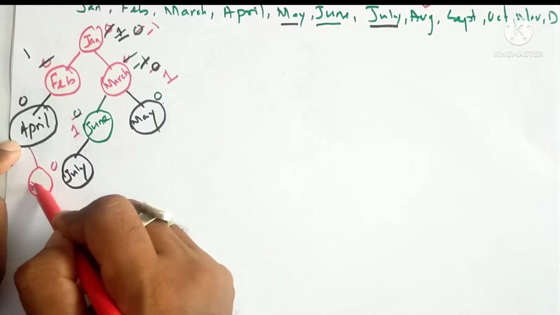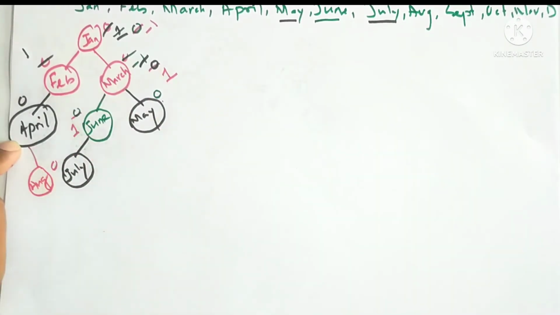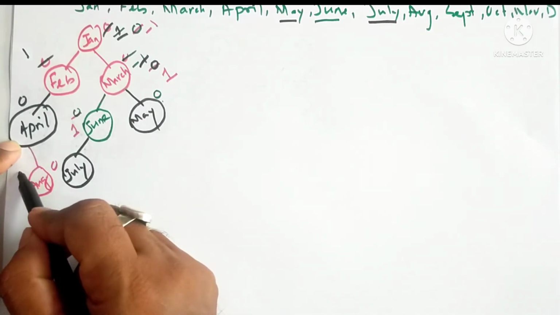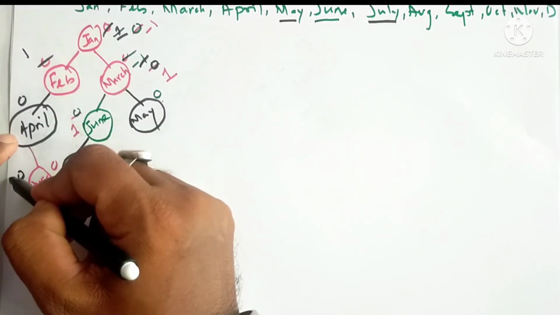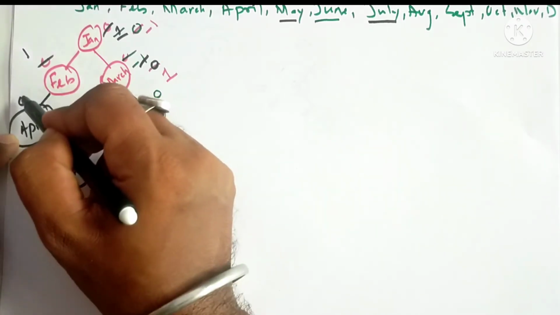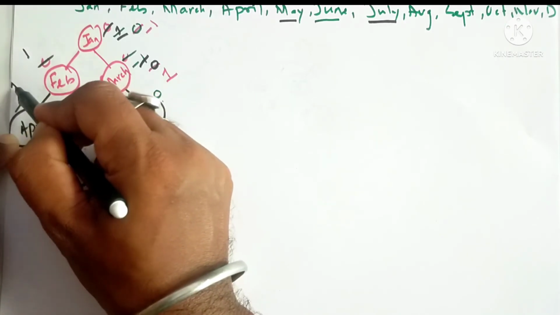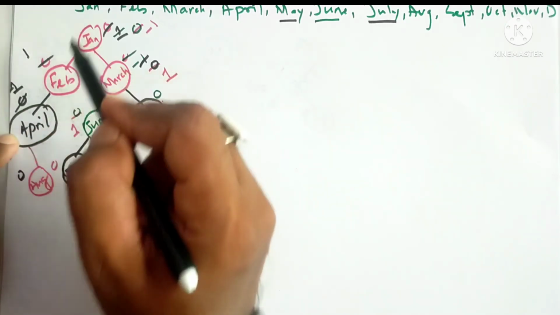You will write August here. Now we have to measure the new balance factor. The balance factor for August is 0. April, left subtree is 0, right subtree is 1, so it is no longer 0, it is minus 1.